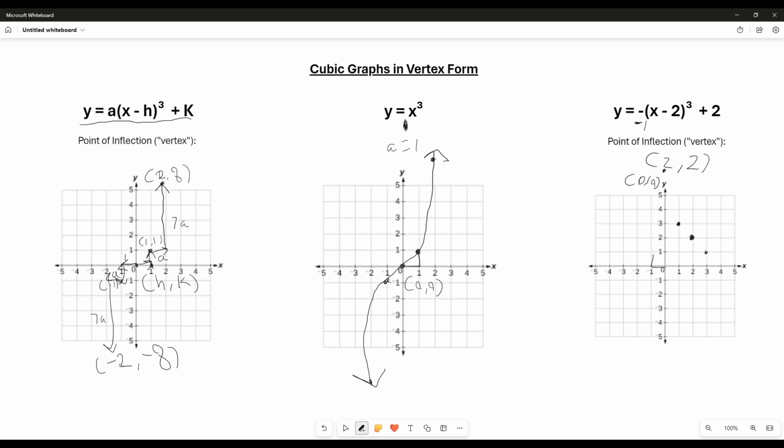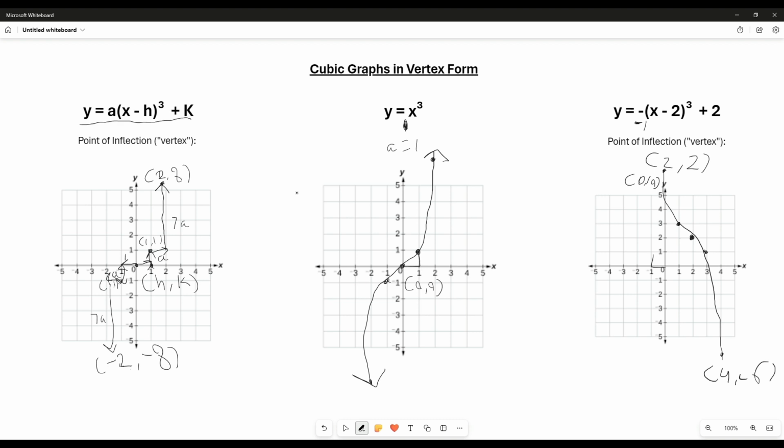So we're moving over 1 and down a, over 1, down 7a. So 1, 2, 3, 4, 5, 6, 7 will be about right here. And this will be at 4, -6. So now we have a point of inflection, we can graph this. So we just draw a line through it, and that will give you our cubic graph of this equation.